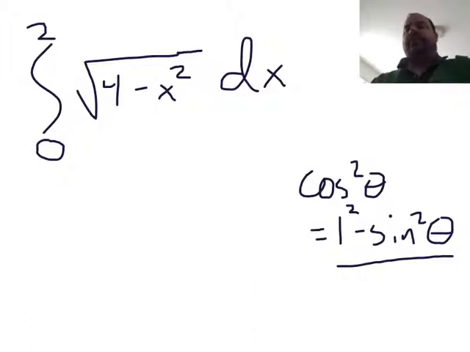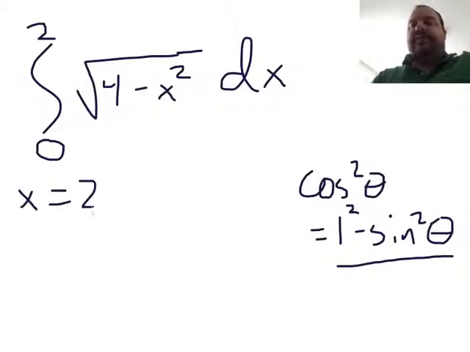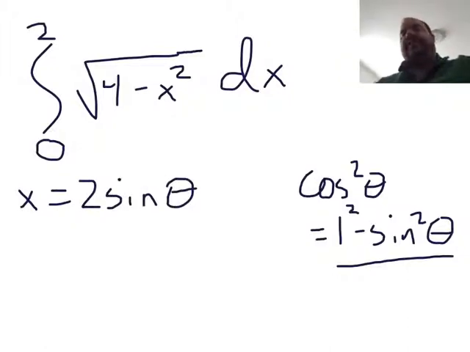Of course, I also have this 4, right? That 4 is a 2 squared. So we're going to make this substitution. We're going to make the substitution x equals 2 sine theta. And the 2 is because that's the square root of 4. And so you'll see that this will work out quite nicely in a minute. This is a substitution like a u substitution, but it works a little differently because x is on the left side, not the right.